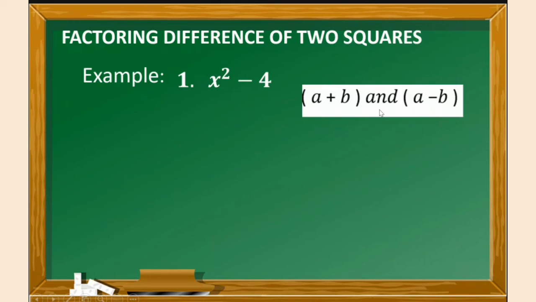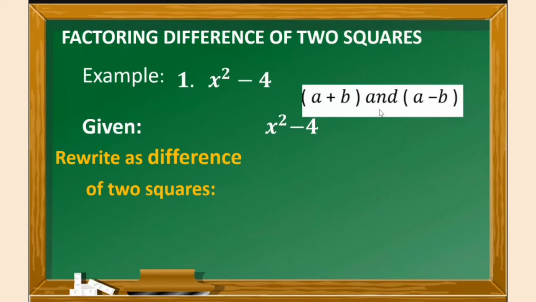So, para mangyari yan, first, that is our given. Sinulat ko lang ulit. So first, we're going to rewrite as difference of two squares. So what is the perfect square of x squared? That is x raised to 2.